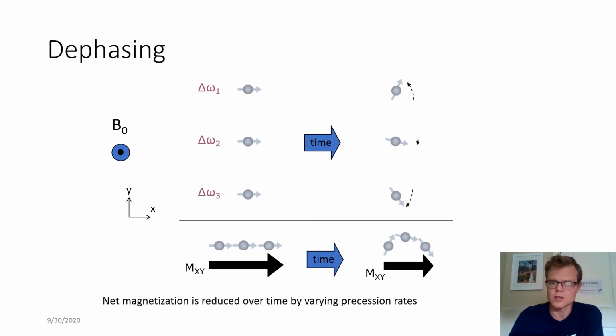This is what the illustration on the bottom right is showing us. When they have different angles or different phases between these spins, they're going to add together incoherently. This is the concept I mean by dephasing. And this is basically what's happening in T2.